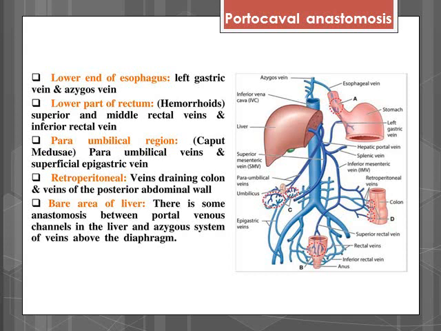Or instead, blood can pour from paraumbilical veins to the hepatic veins, to the hepatic portal vein, then traverse the liver and back to the heart. So in the abdominal wall, there is anastomosis between the paraumbilical veins and the superficial epigastric veins.